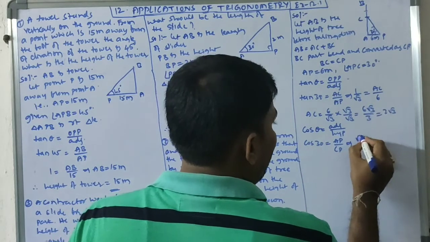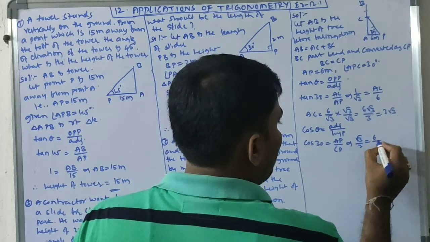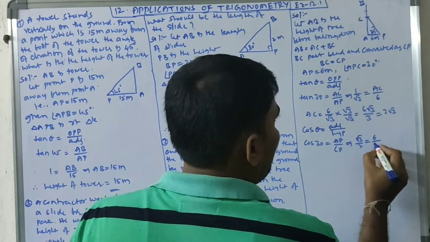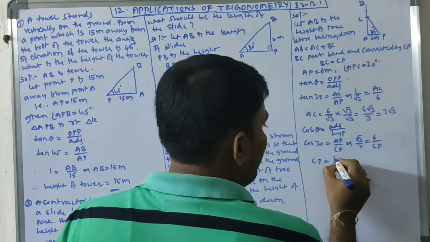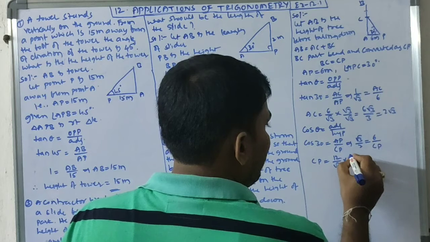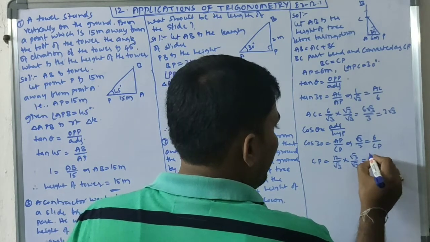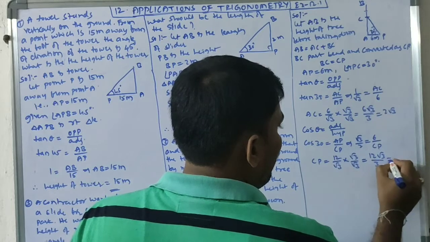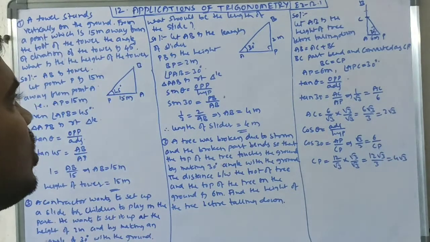Cos 30 is root 3 by 2, AP equal to 6. CP equal to how much? We don't know. CP equal to 2 into 6, 12 by root 3. Rationalization: root 3 by root 3, 12 root 3 by 3 equal to 4 root 3. So CP equal to 4 root 3.